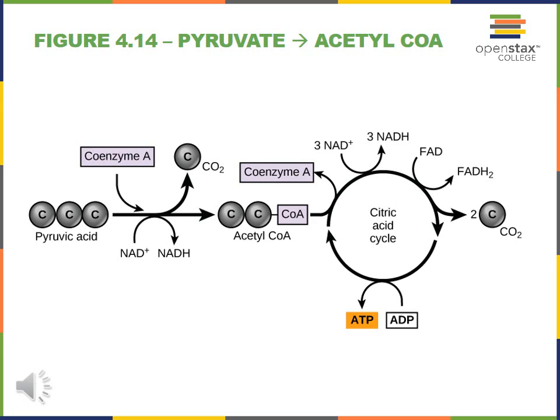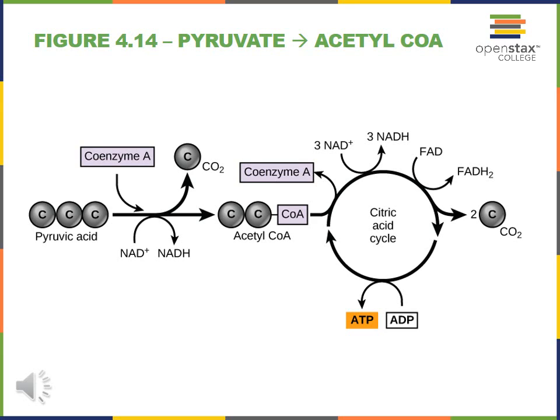Once the acetyl-CoA enters into the citric acid cycle, a series of coenzymes are used and produced, and as we go around the upper part towards the right of the circle here, we're going to be giving off some carbon dioxide molecules, and then we'll still continue within the citric acid cycle.